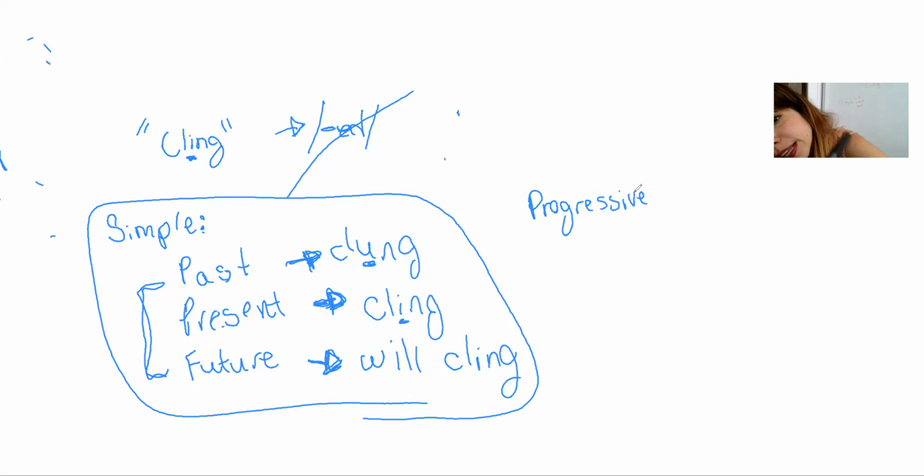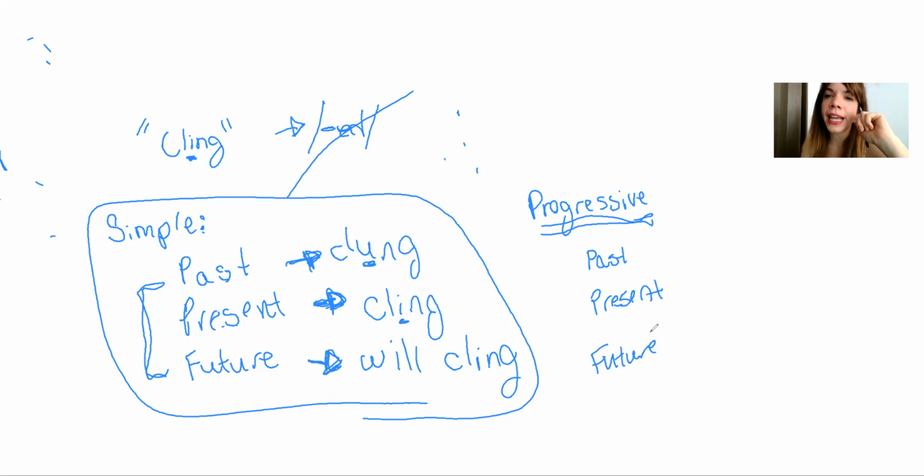La acción está sucediendo in a continuous manner. That's why sometimes people also call progressive continuous. All right, so you have past, present, future. So the key thing about the progressive tense is that most of the time you add a morpheme, ing, to indicate that something is in progress.